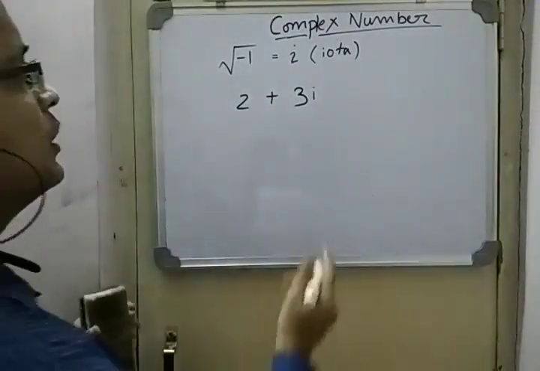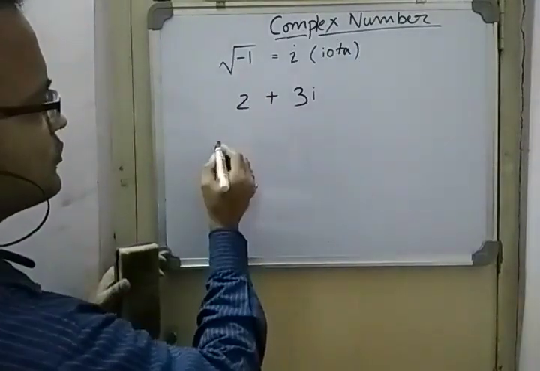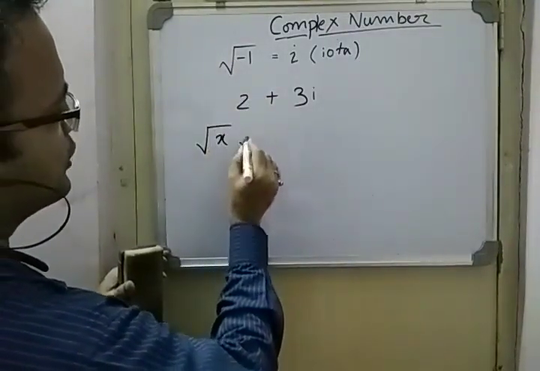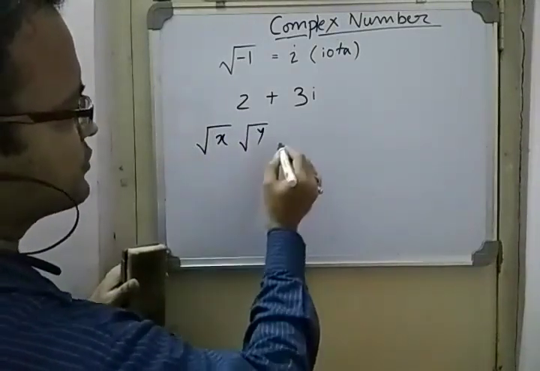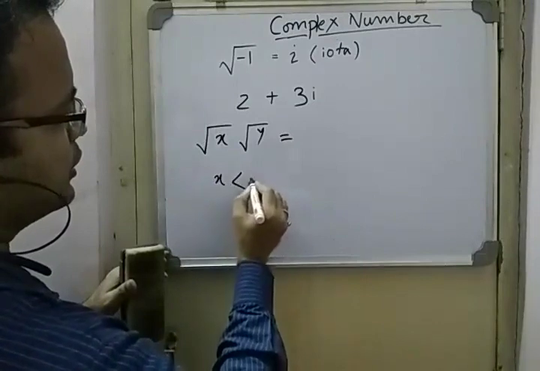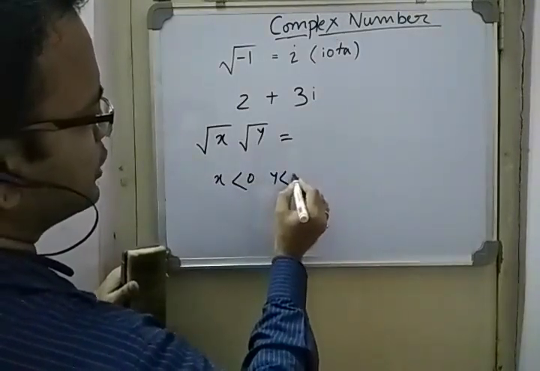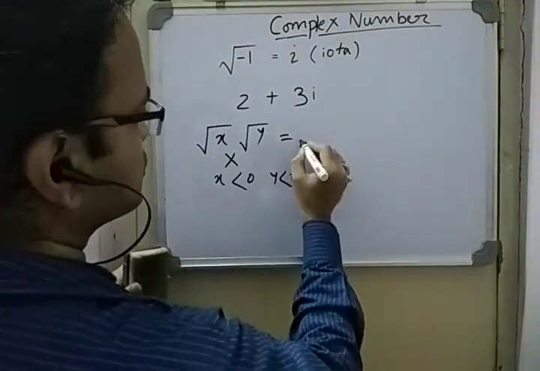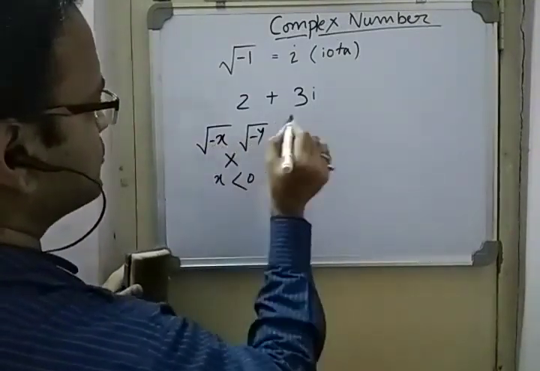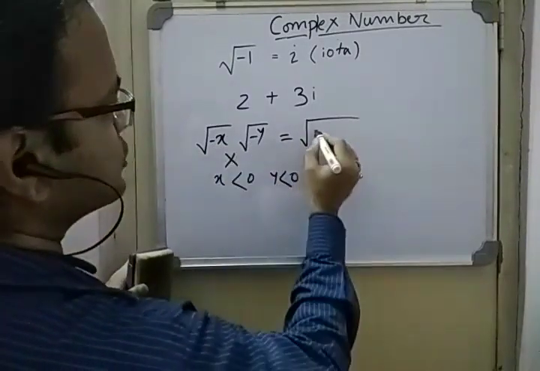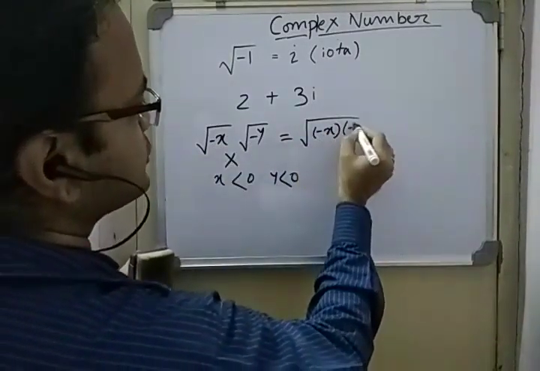Okay, now after this we discussed root x into root y. When this is valid: if both are negative, x negative, y negative, in that case this does not hold true. Suppose you simply multiply it, what happens?